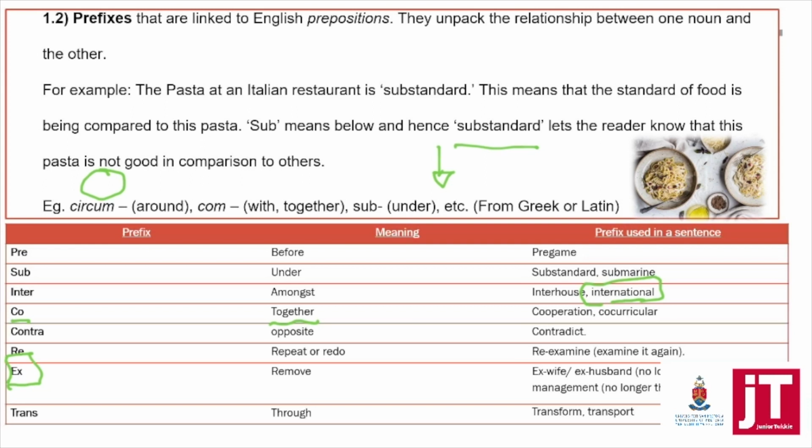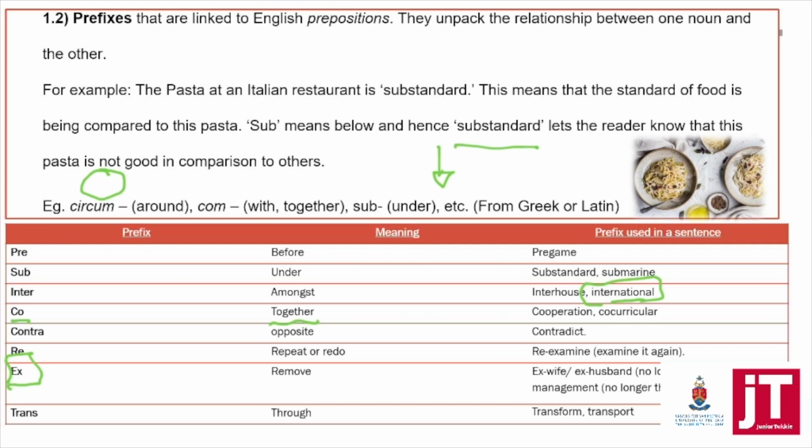Trans means through. For example, transform, okay, means that I was once in this form and now I have transformed into a robot. I'm thinking of Transformers. So in Transformers, the movie, Shia LaBeouf witnesses cars turning into robots. They transform.